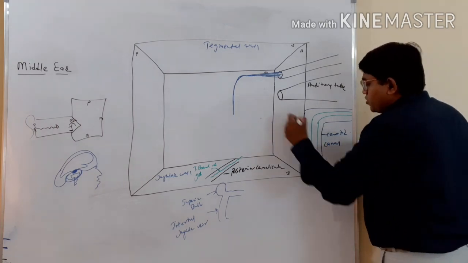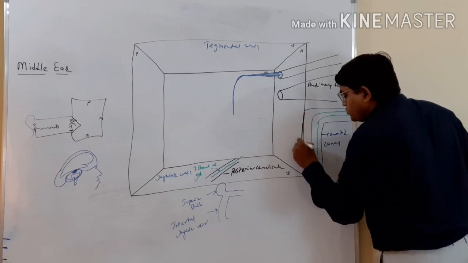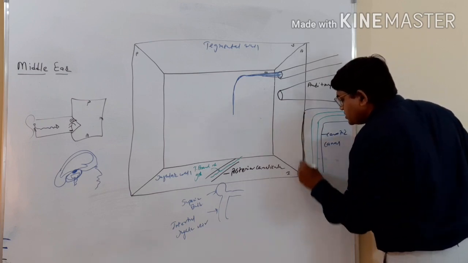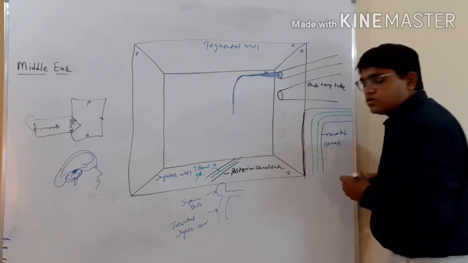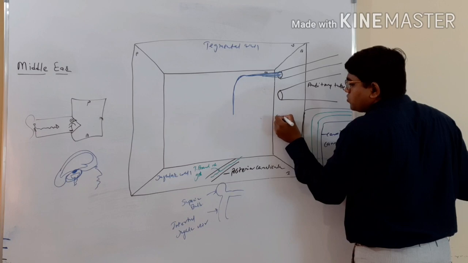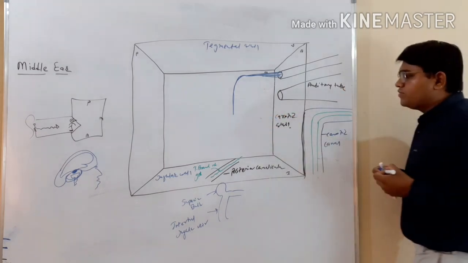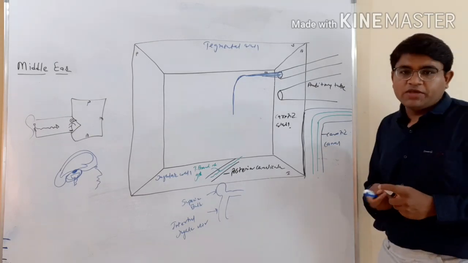This part of the anterior wall forms the posterior boundary of this carotid canal, and that's why the anterior wall is also known as the carotid wall of the middle ear cavity.